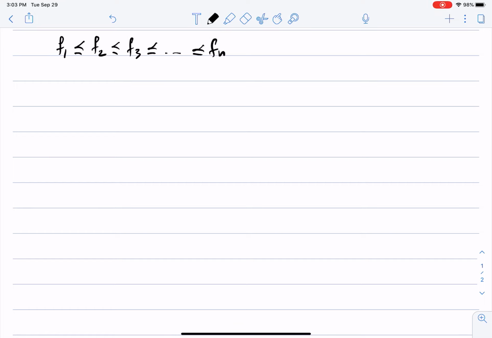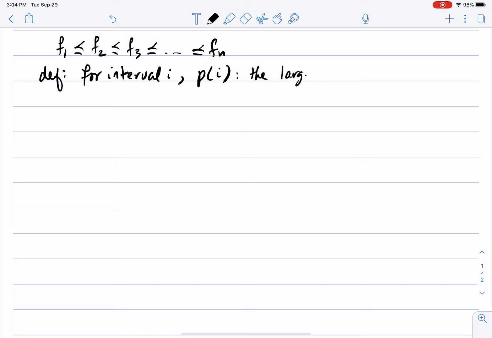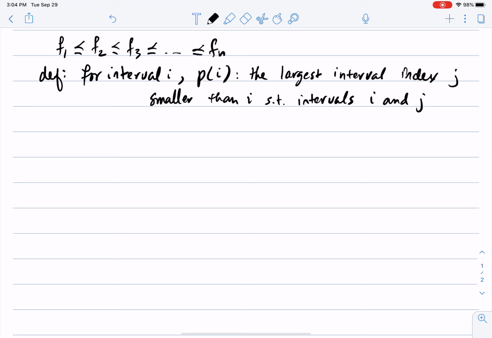I will now define, for each interval i, p(i) to be the largest interval index j smaller than i such that intervals i and j are compatible.